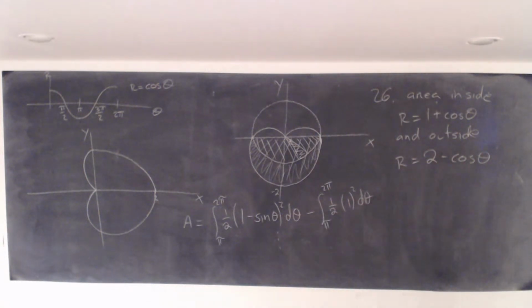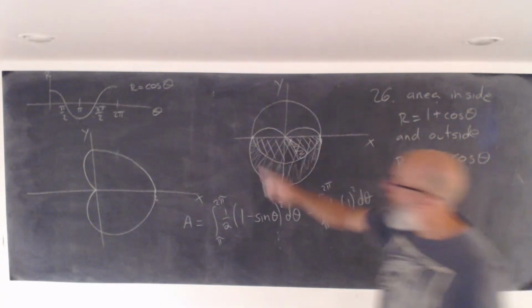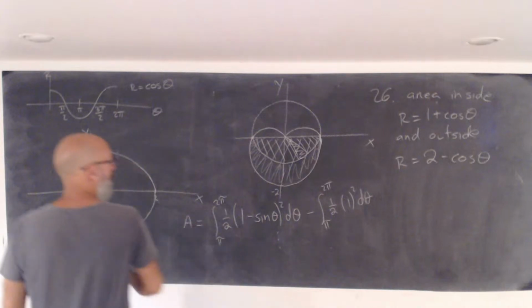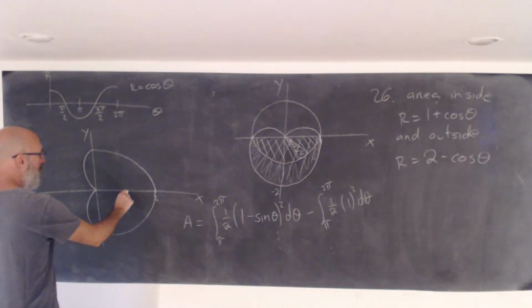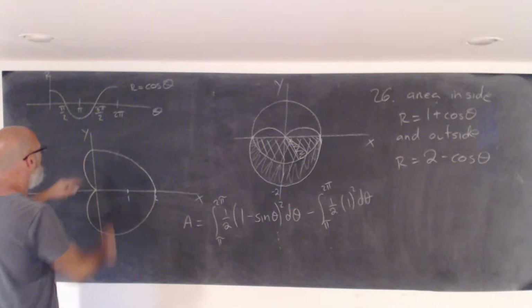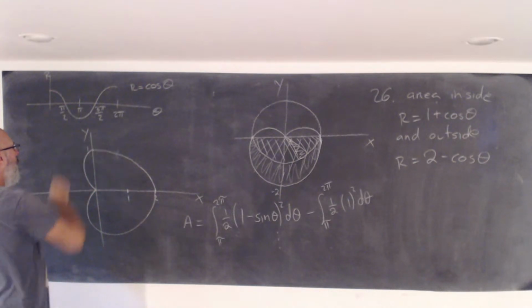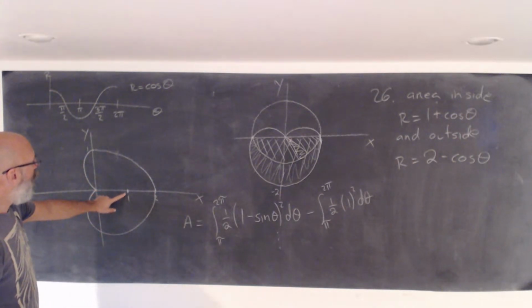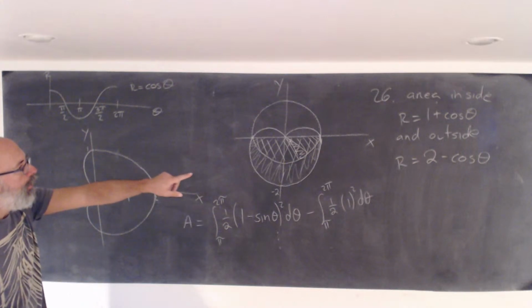And now let's draw the second one. Here, cosine starts at 1, so r is going to be 2 minus 1. r starts at 1.